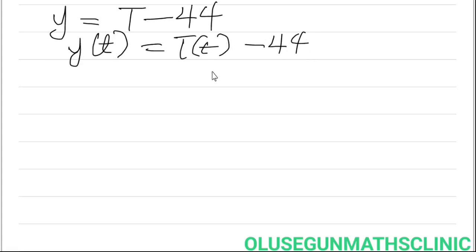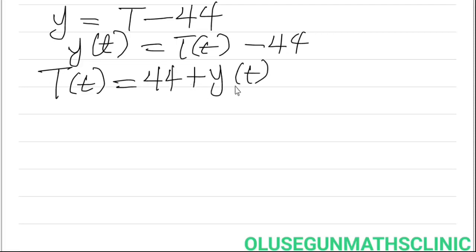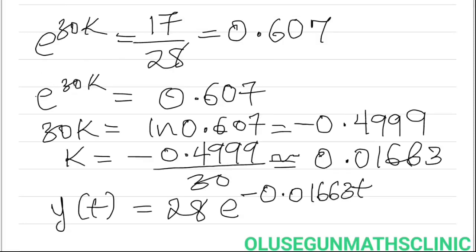Let's make T of t the subject of the formula. We now have T of small t will be 44 plus y of t.